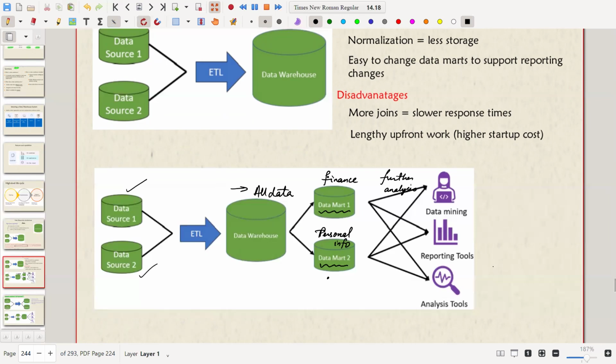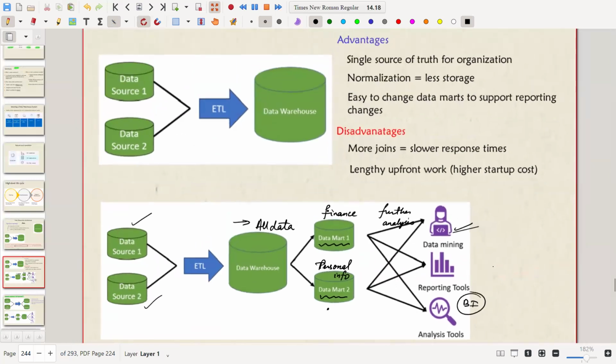Like you can see here, data mining. You can also use BI tools, business intelligence tools, or any data visualization tools you want. However, it is a good process because in the ETL process it goes through normalization, all the kinds of normalization we have discussed in class. But one of the disadvantages is that it has more joints, more connections.